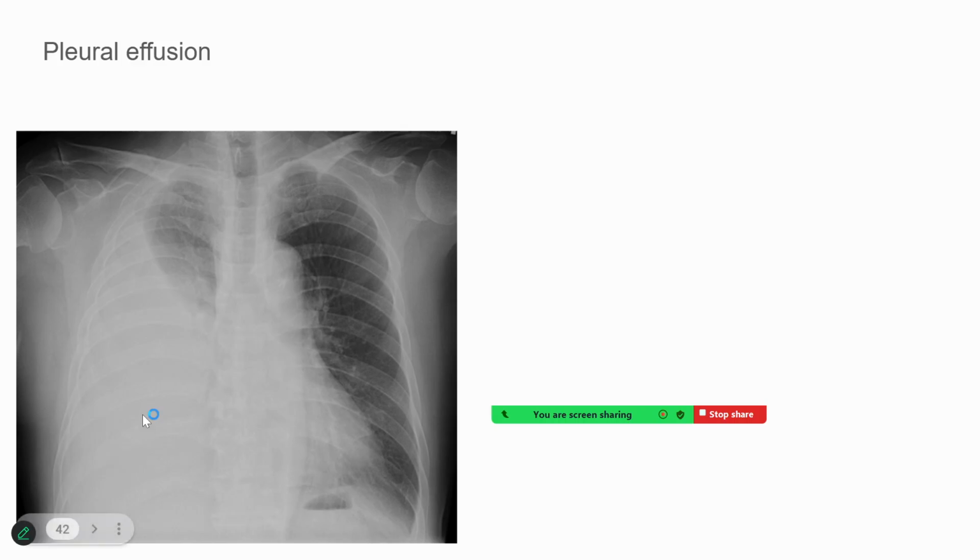Displacement to the opposite side will help you to differentiate it from a consolidation. In a typical consolidation producing the opacity, there will be no displacement of the structures, whereas in an effusion, the structures would be displaced to the opposite side. Even at times, it could be seen as an increase in the gap between the ribs. The intercostal space may also be slightly increased.